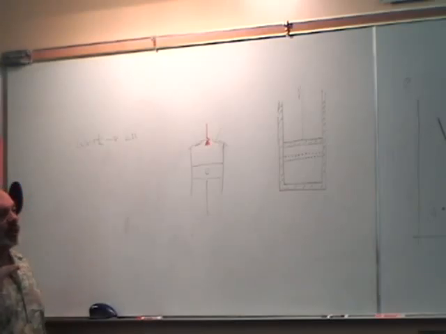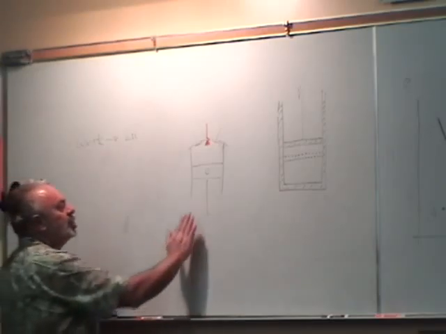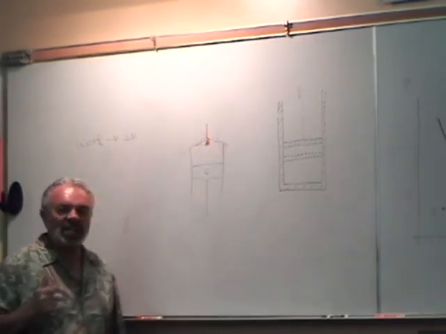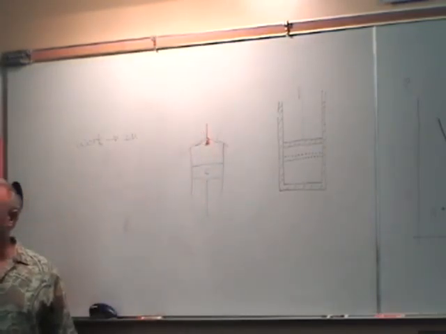So, just as a crude approximation, the piston is right at the top and you instantly release all of the chemical potential energy. That's going to do one thing, raise the pressure dramatically.